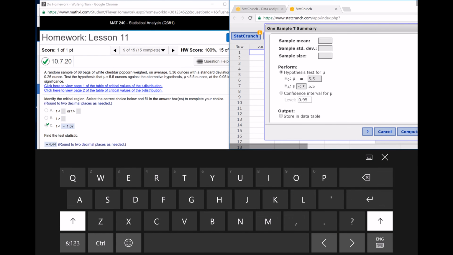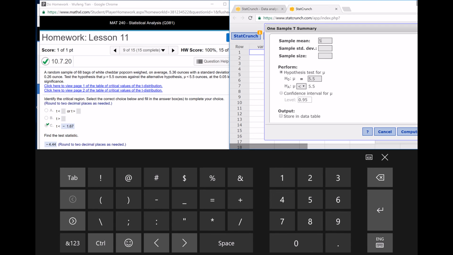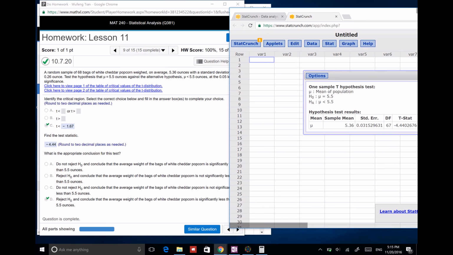Sample mean value 5.36, standard deviation 0.26, sample size 68. And compute. Okay, this one gave you a t value of negative 4.44.